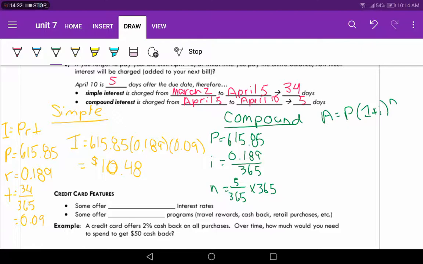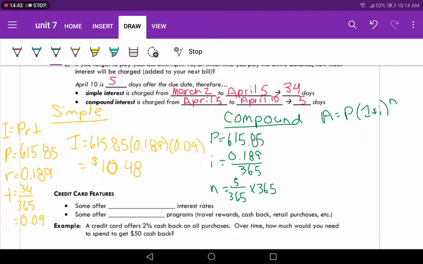Okay, and the reason for that is because that's our time period, right? So just like before, we always put our n in years first. So we have to figure out what 5 days is in years. So that's going to be a decimal.